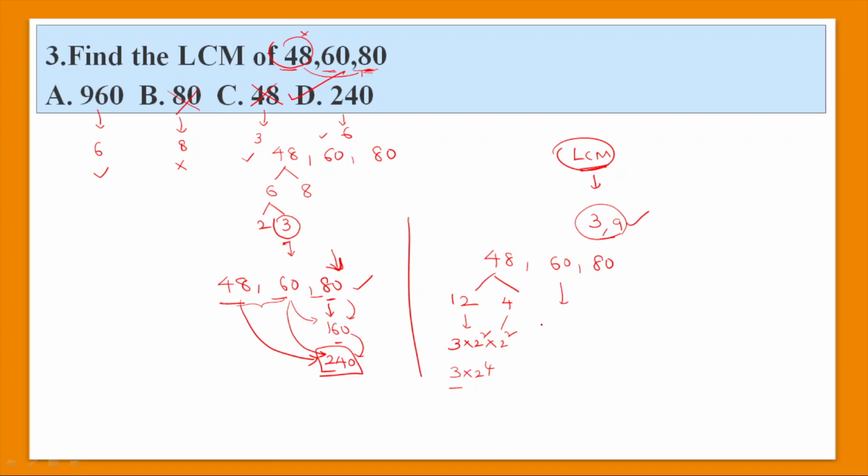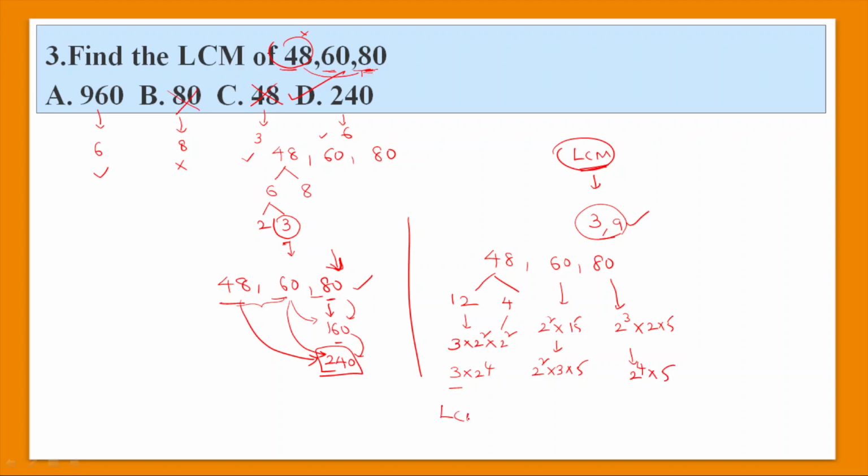And this 60 can be written as 2 square into 15, which again can be written as 2 square into 3 into 5. Again this 80 can be written as 16 into 5, so this can be written as 2 power 4 into 5.